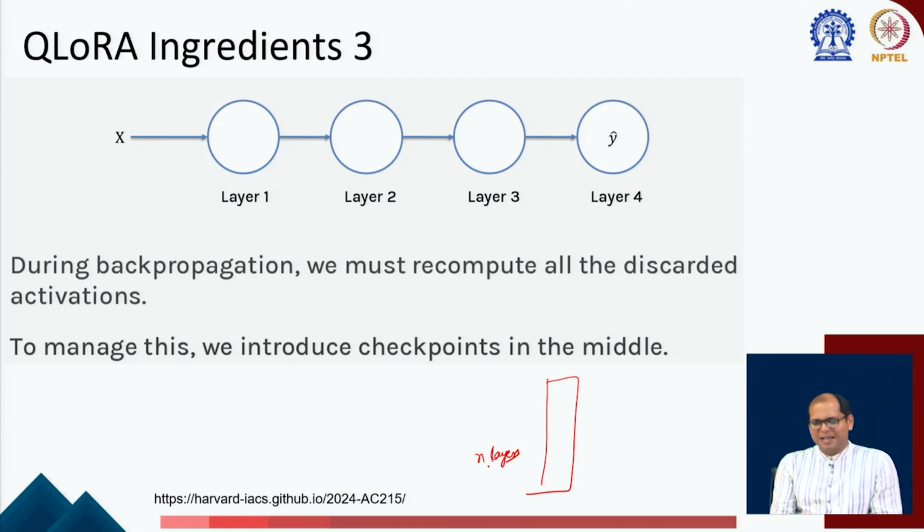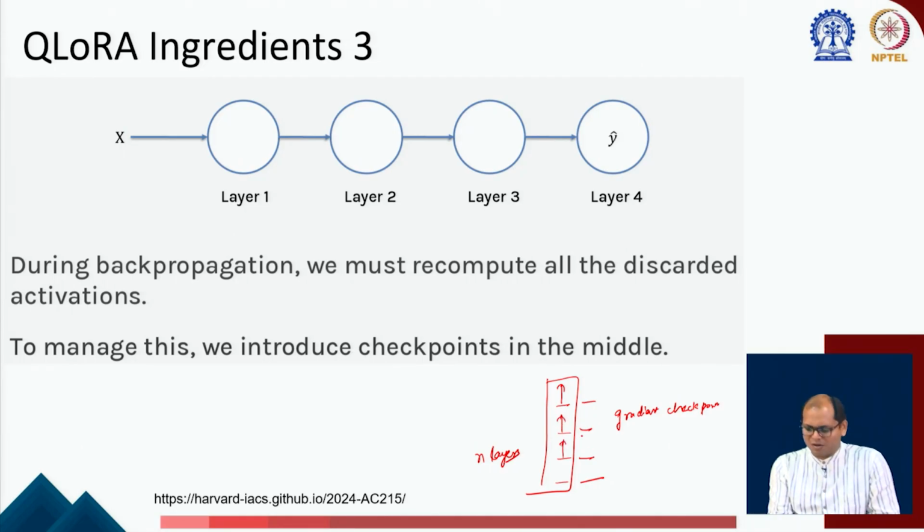What I will do is find some equally spaced layers where I will store the activations, right? And this is what we call the gradient checkpoint. So I have to do computation only when I go from here to any layer up, or down, whatever is needed. I don't have to go beyond this block size. I don't have to traverse through n layers.